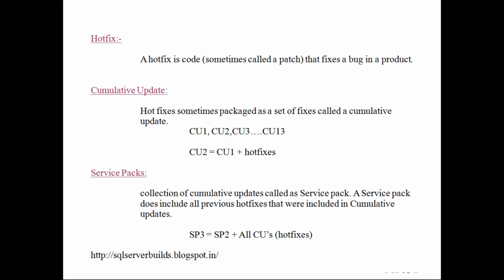So to avoid all this mess, what Microsoft does is, for every regular interval, probably I can give an example of 2 months, let's say from March 1st to April 30th, in the span of 2 months, maybe Microsoft has released around 13 or 15 hotfixes. So what they do is they club all those hotfixes and create one file and release that file to the market. That is called a cumulative update.